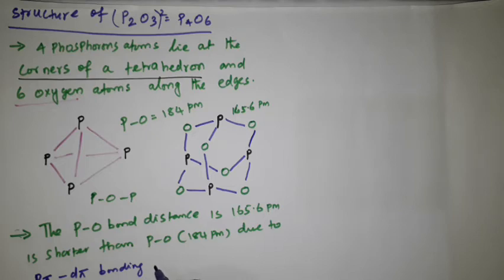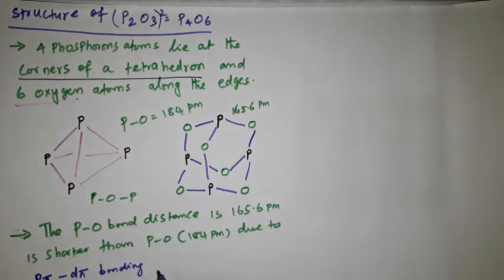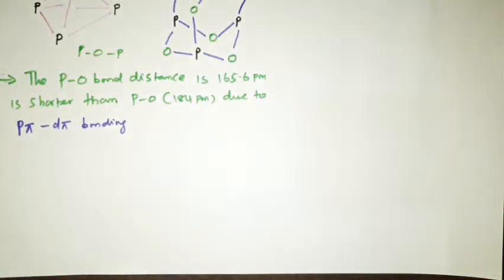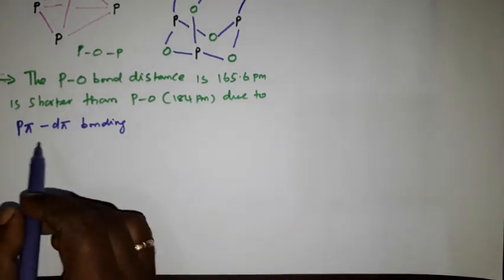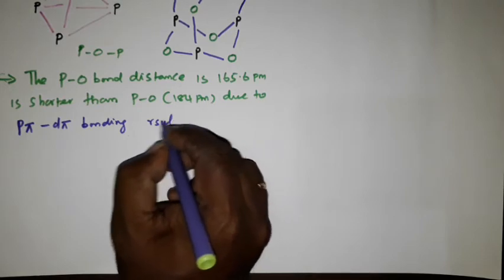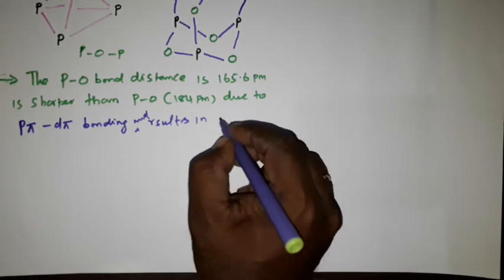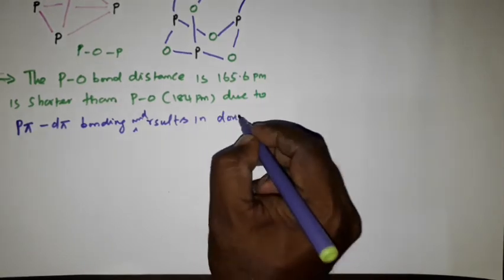So what happens is that this bond shows considerable double bond character. Always a single bond will have a longer distance, whereas a double bond will get a shorter distance. So the reason is p pi d pi bonding, resulting in considerable double bond character.